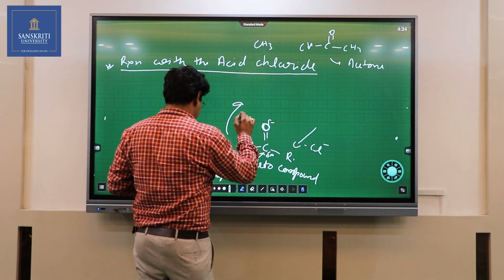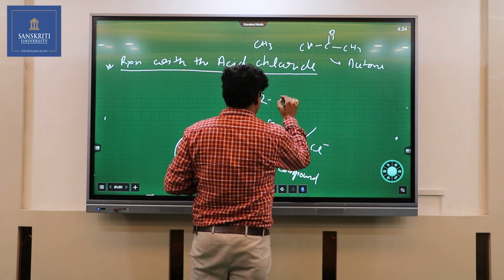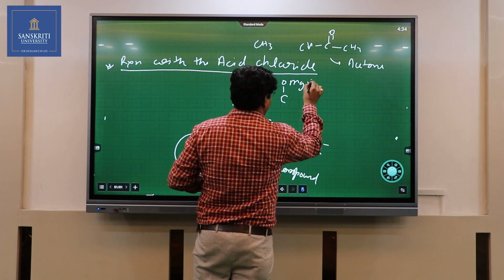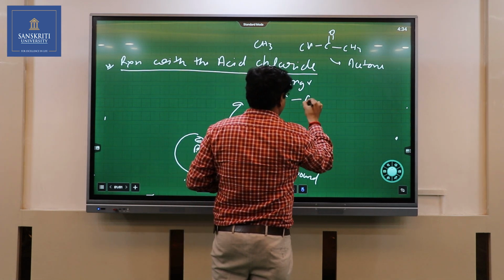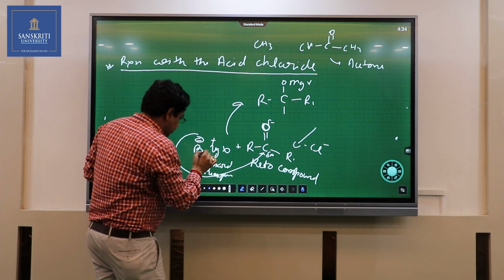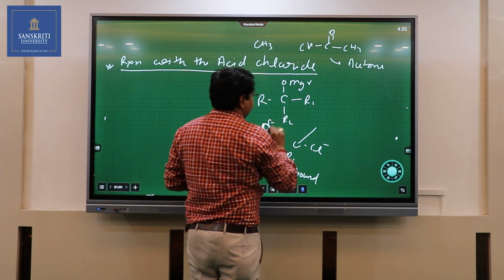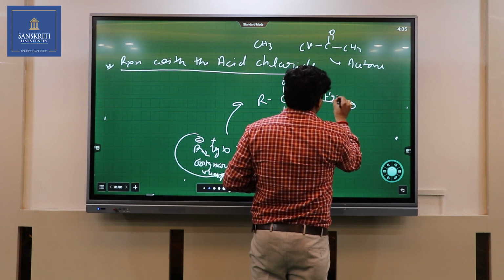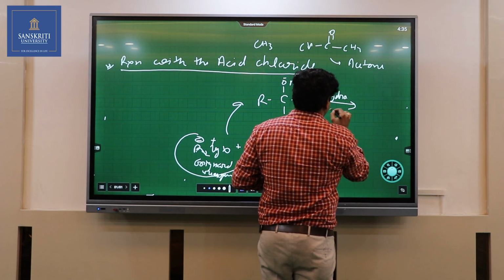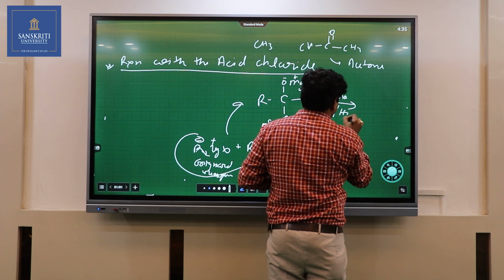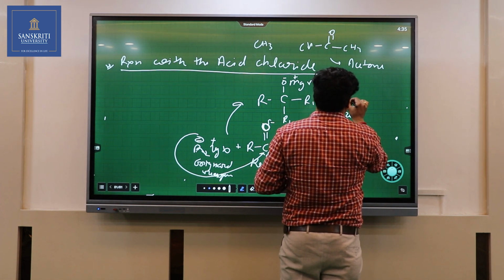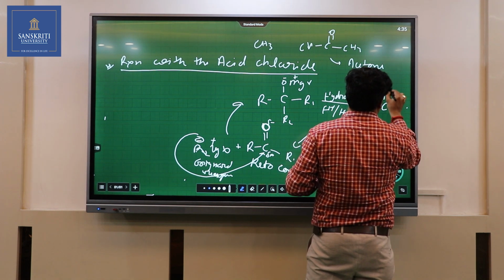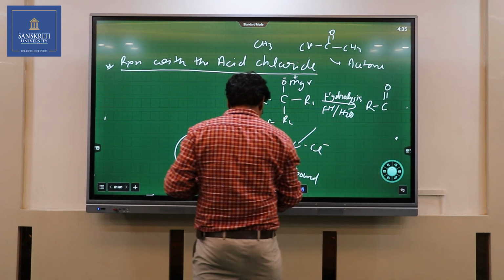So finally we get RCOMgX R dash. Further, we assign R2. After hydrolysis with H plus and H2O, we get a tertiary alcohol.